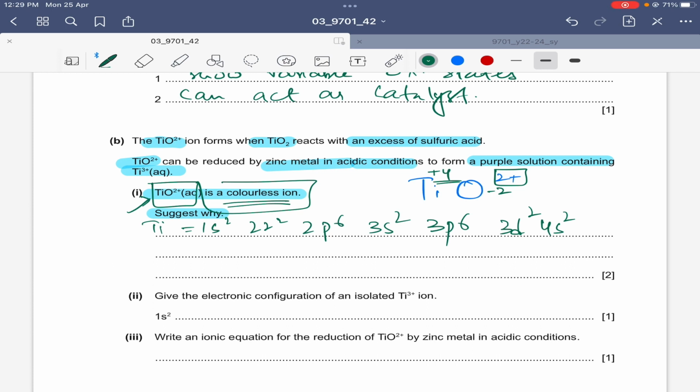So to form Ti4 plus, 2 electrons from 4s would be lost and 2 electrons from 3d would be lost. So there are no electrons present in the 3d orbitals when it forms the Ti4 plus ion, right? The color only comes when there are electrons present in d orbitals and these electrons jump into a higher energy level.